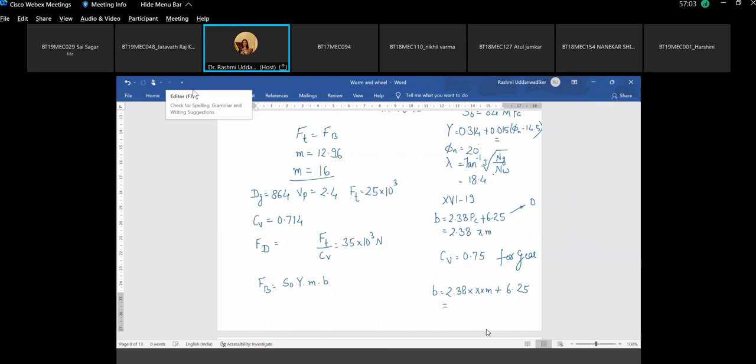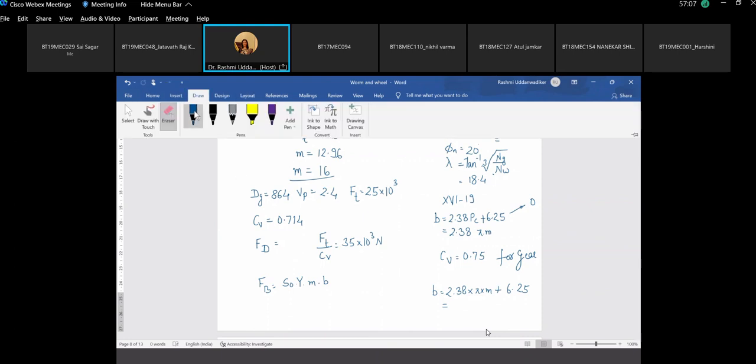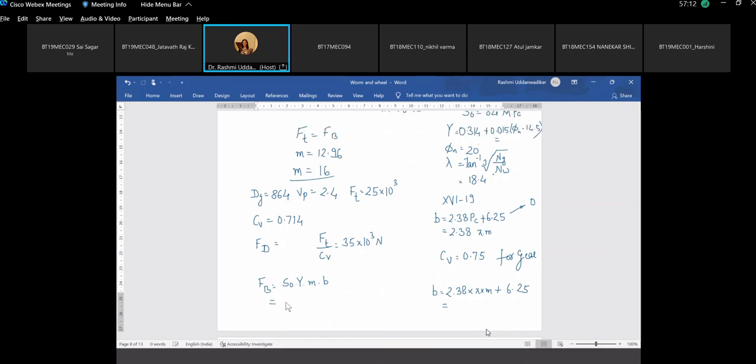65.9. Others, please confirm the answer. Value for FB. With 65.9, FB is much higher than FD, and we say it is safe.